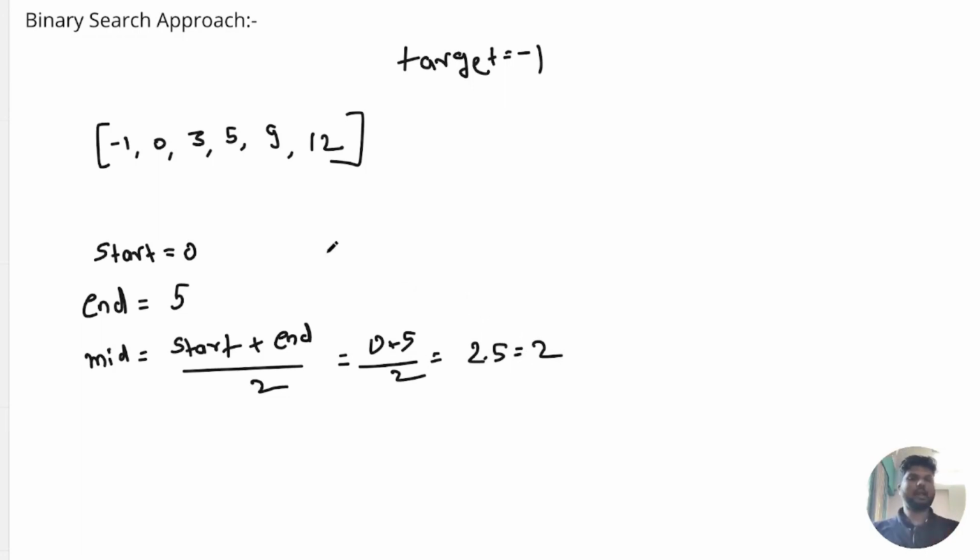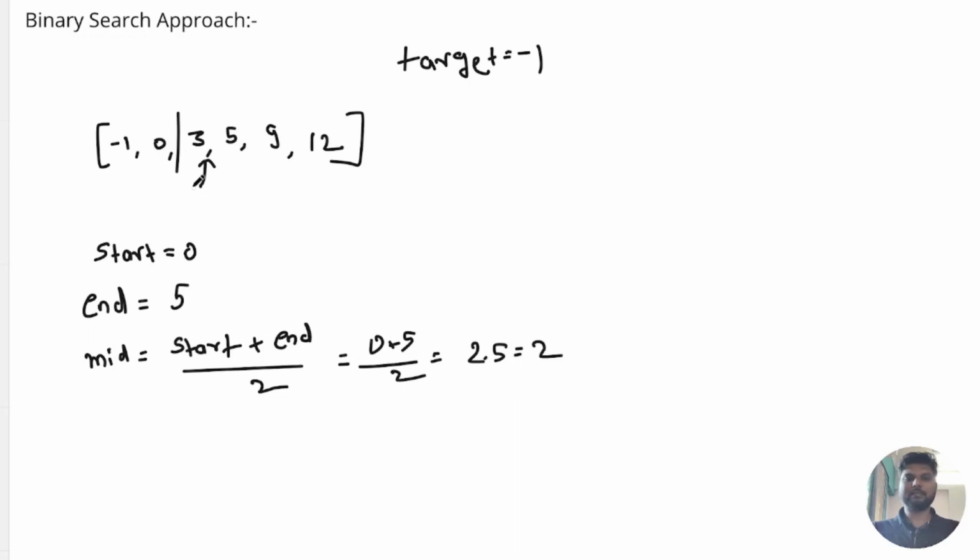Now the mid will point to this element. Then we compare 3 with -1. Well, 3 is actually greater than -1, right? So in which part of the array do you think -1 will exist? It cannot exist in this part, only in this part it will exist, right?